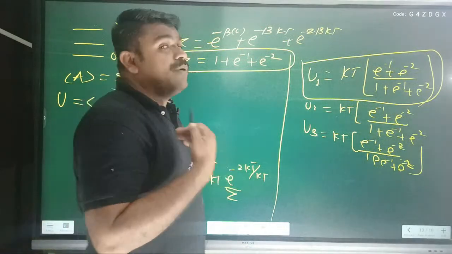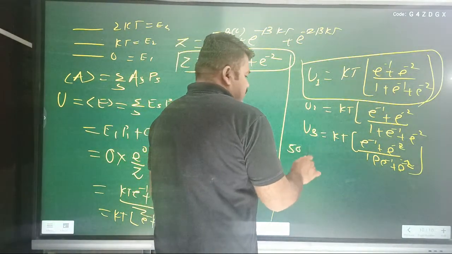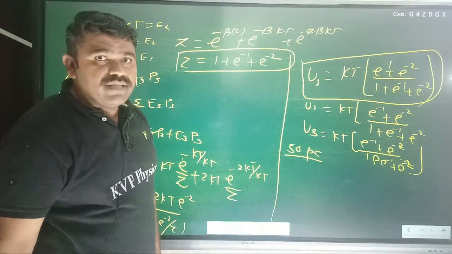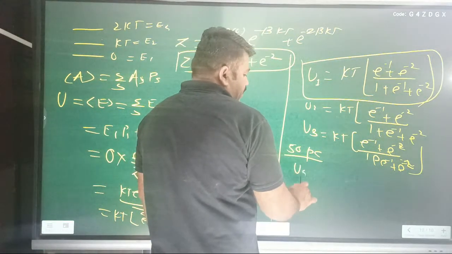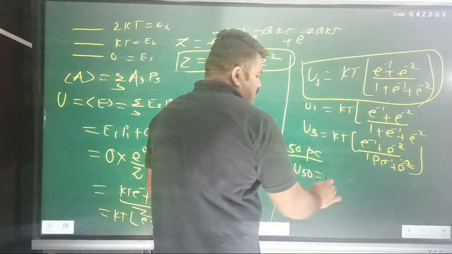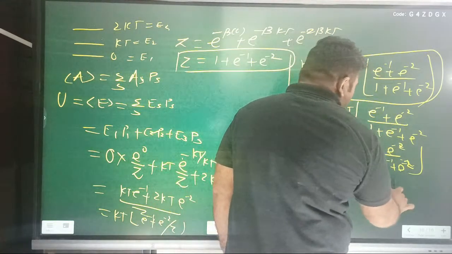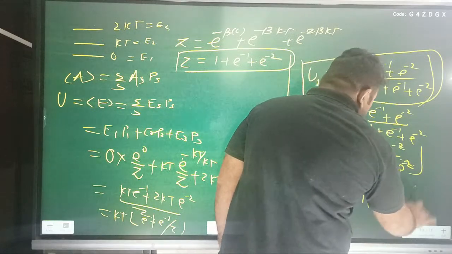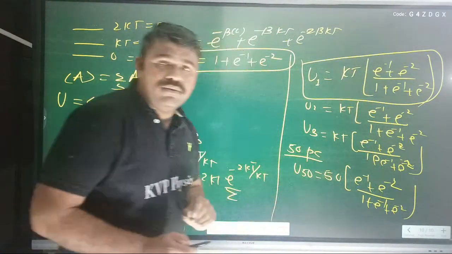Then how to find it for n particles? Here there are 2 particles, or suppose they give 50 particles. What is the average energy for 50 particles? Simply write U50, for 50 particles, is equal to 50 into e to the power minus 1 plus e to the power minus 2 upon 1 plus e to the power minus 1 plus e to the power minus 2. मतलब 50 पार्टिकल के लिए हमारे पास एनर्जी कितनी रहेगी? 50 into E1.